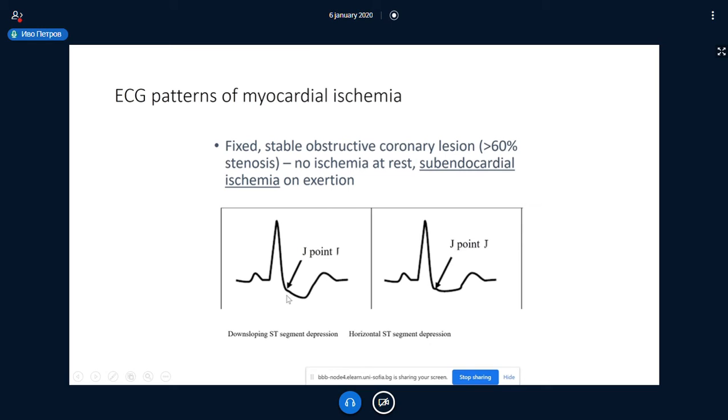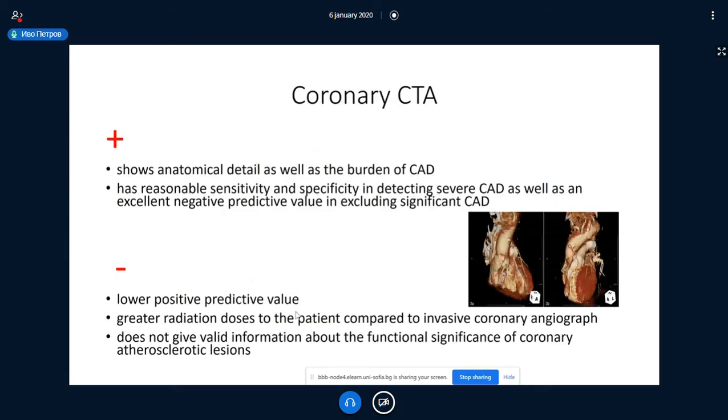The J point is very important. In fact, this is the transition zone between the downslope part of the R of the QRS complex and the ST segment. So the J point is the point at which the depression has to be measured in order to have an exact measurement.